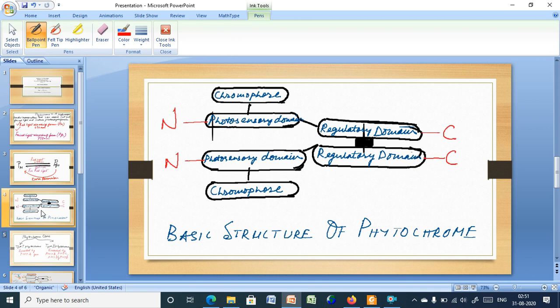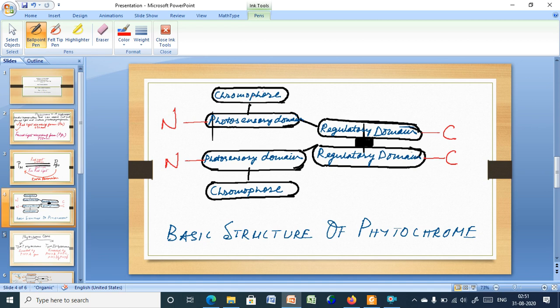Now, it is interesting to note that phytochromobilin, that is the chromophore part, and I already mentioned that it's a linear tetrapyrrole.